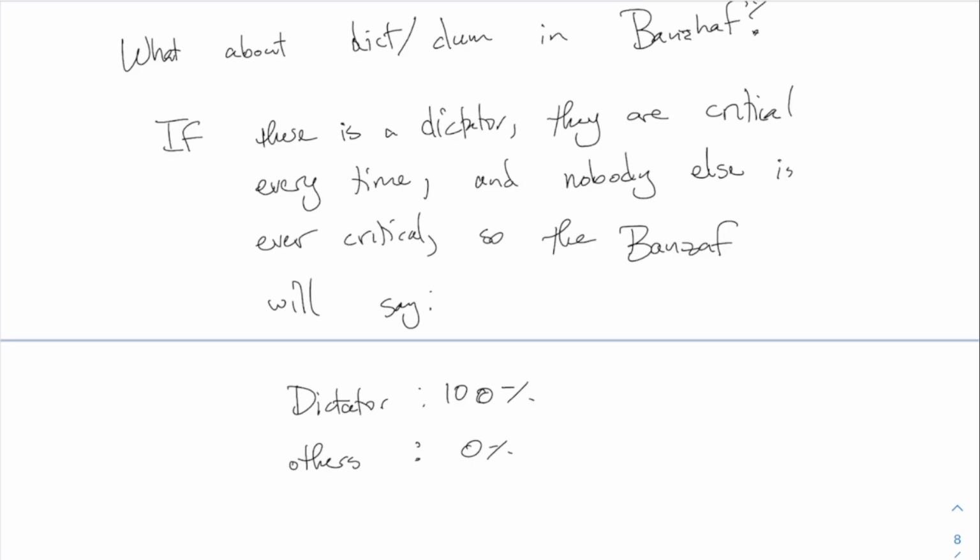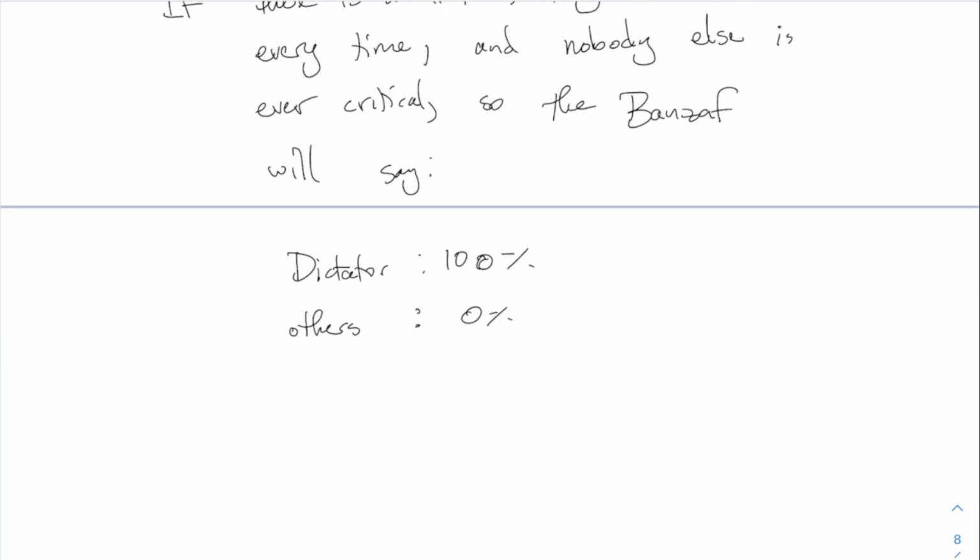All right, and what about dummies? If there is a dummy in there, they can never be critical. That's because a dummy has no power to meet the quota at all. So there will never be a situation where a dummy gets a check mark.